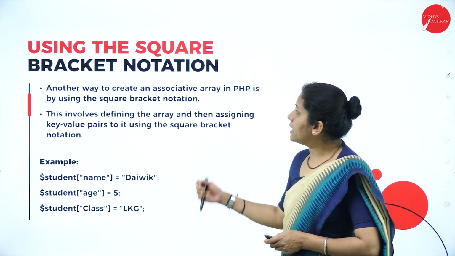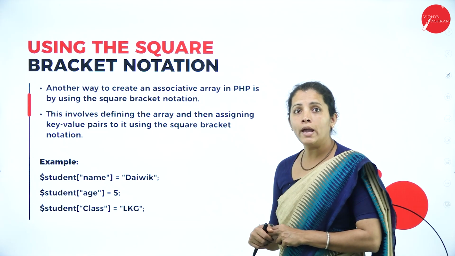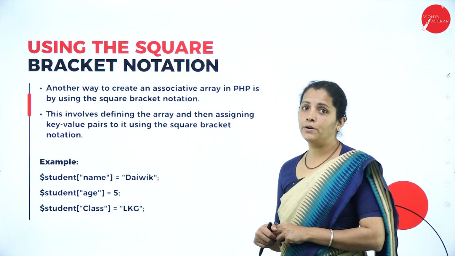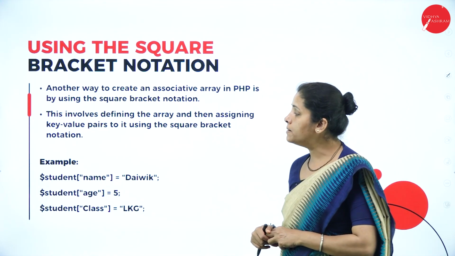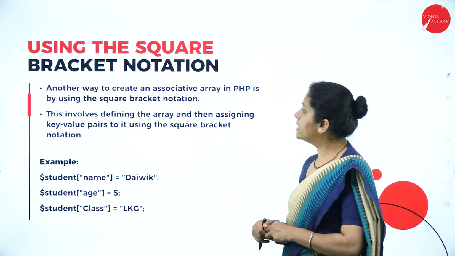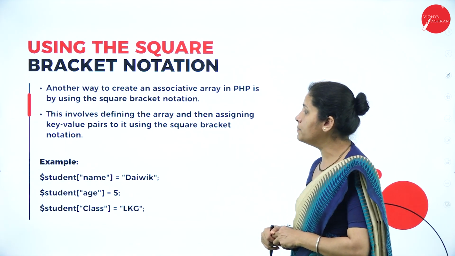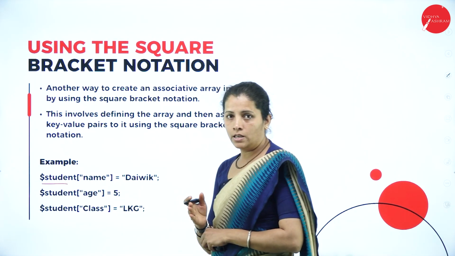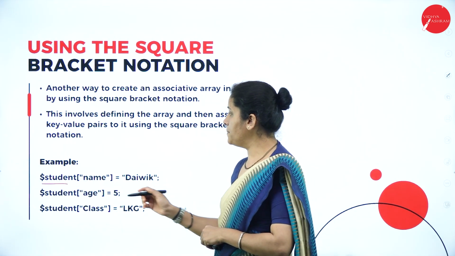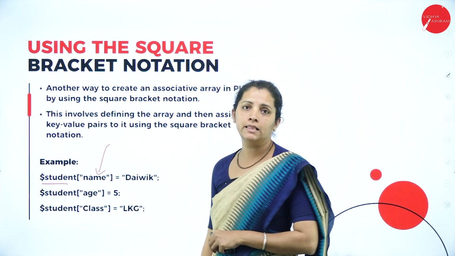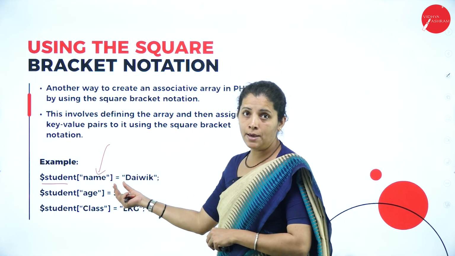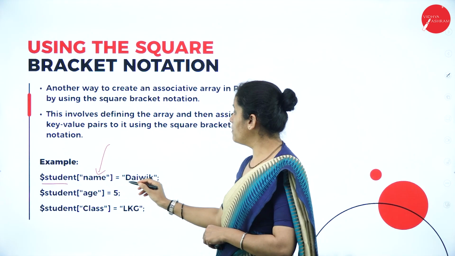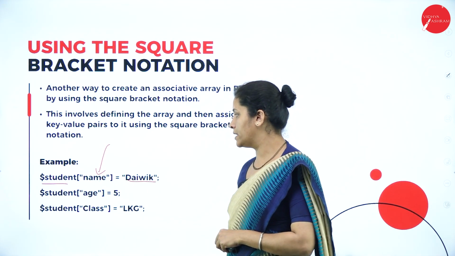Now, if I consider another way of creating an associative array, that is through the square brackets. See here, student is nothing but the array name, and name is the key, or string key, and I'm assigning the value Daivik.